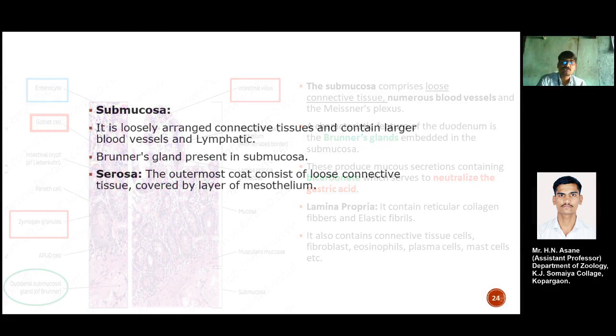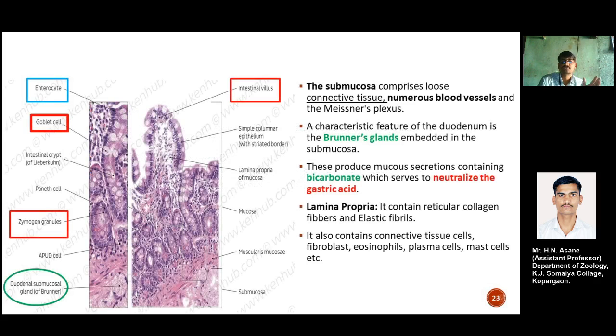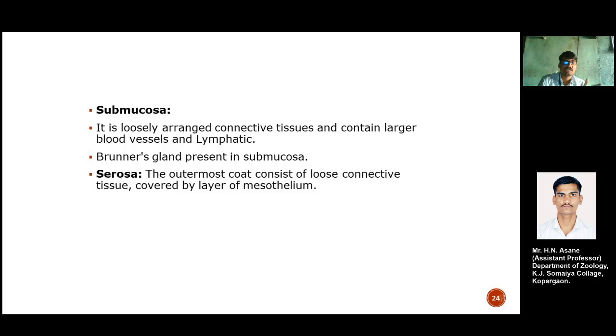So the submucosa will be the second layer. The submucosa has loosely arranged connective tissues and contains larger blood vessels as well as the lymphatic system. We have seen the Brunner's gland present in the submucosa. Then the last layer, the third layer, will be the serosa.